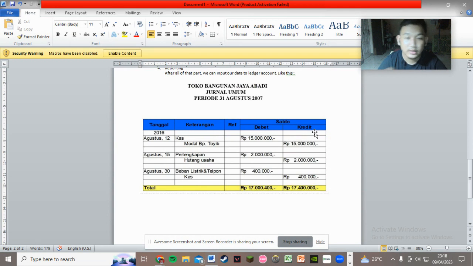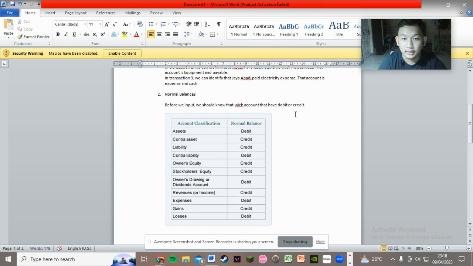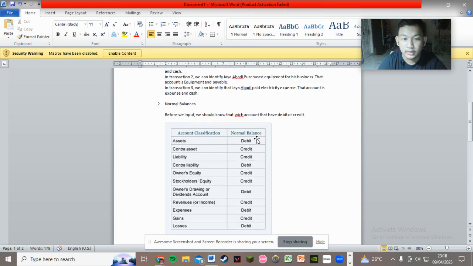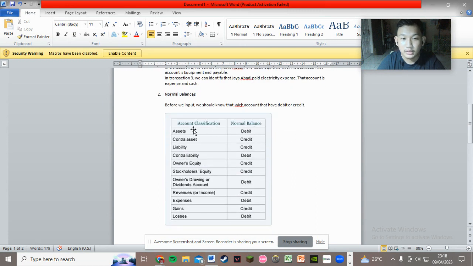Okay, in the ledger account, we can say that on 12 August, the first one is cash and capital. If we look at this, an asset increases in debit. He deposited 15 million in cash, so it will increase the asset.